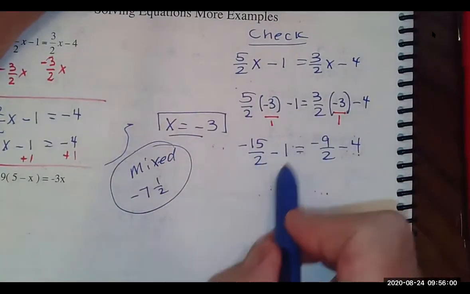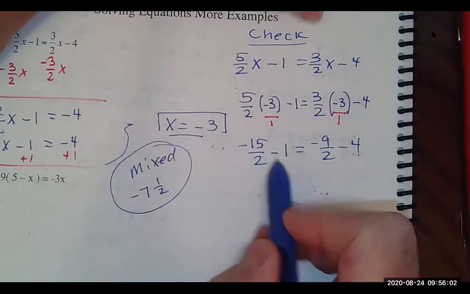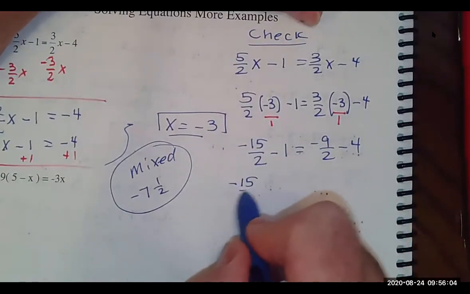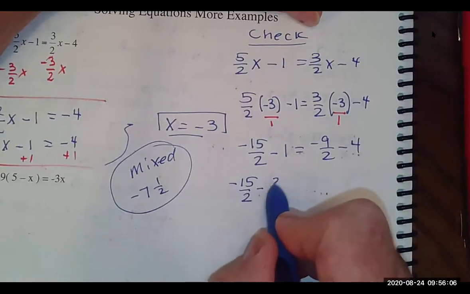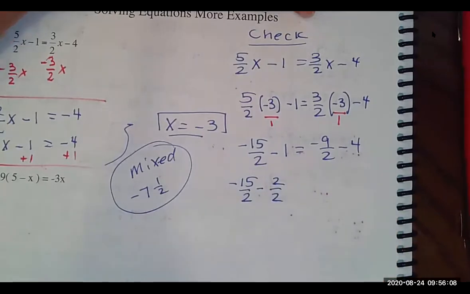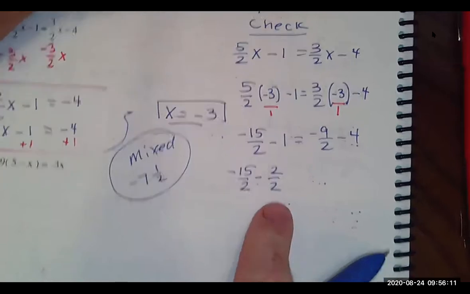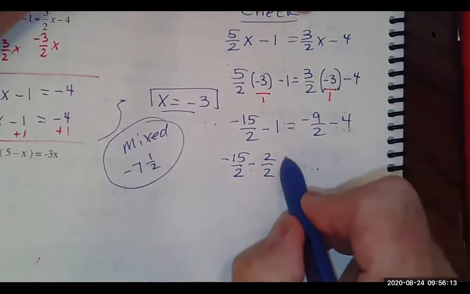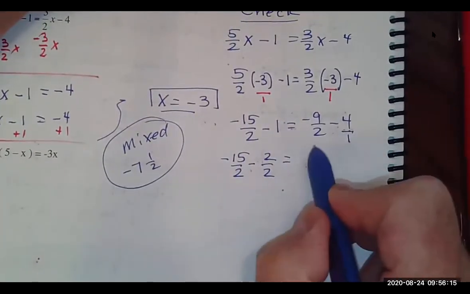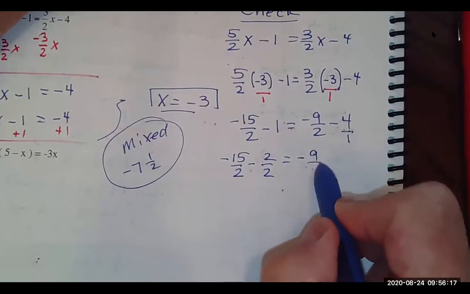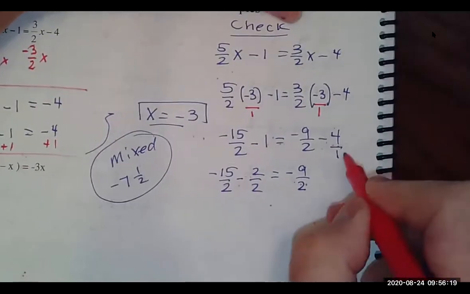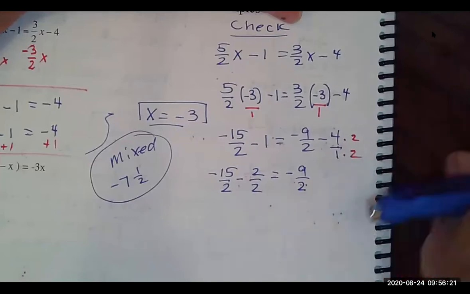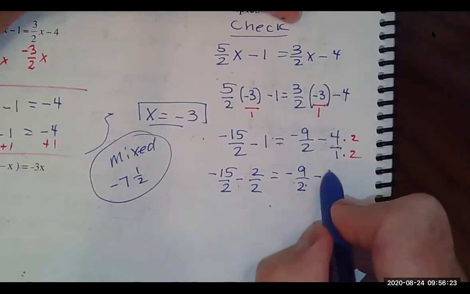So working the left-hand side, I need a common denominator of 2. So -15 all over 2, subtract 2 over 2. Now I've got -1 written with a common denominator. And over here, in like manner, -9 over 2, and then times 2, minus 8 over 2.